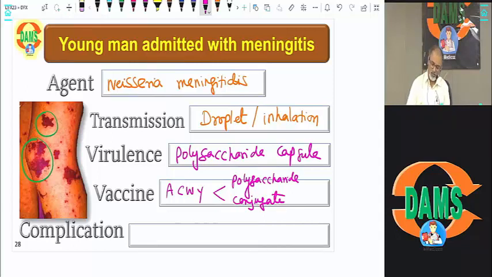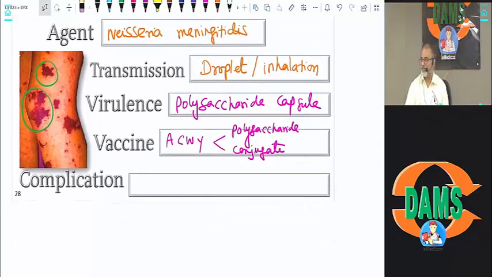Okay, what complication can we expect? It causes adrenal hemorrhage, fulminant meningococcemia.